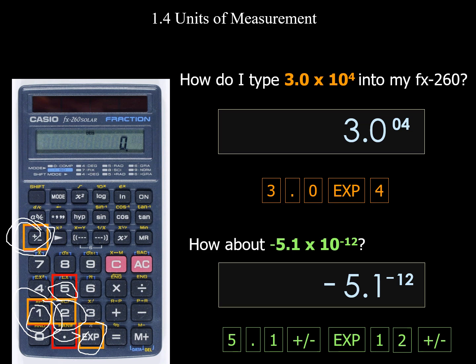Okay? So practice this with your calculator. Try to write these numbers on your calculator. It'll take you a couple of minutes to get used to it, but be familiar with this.